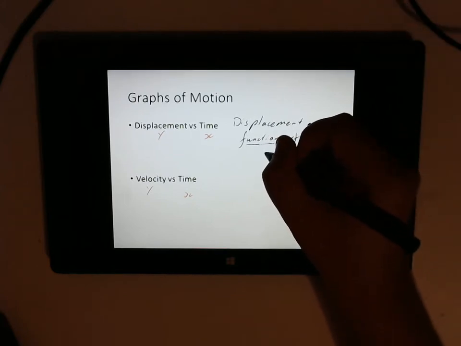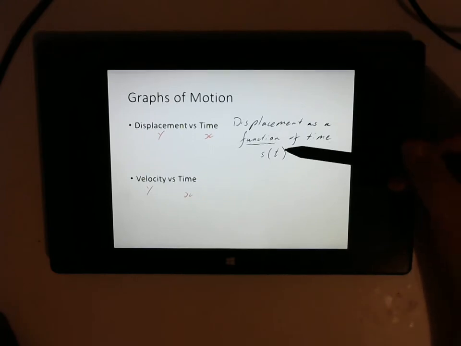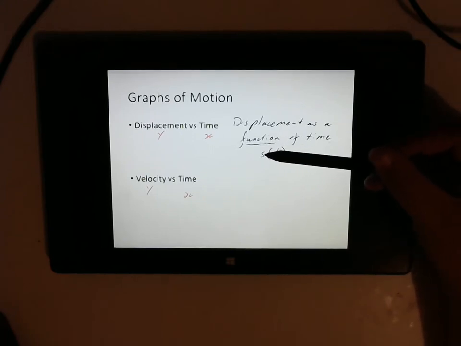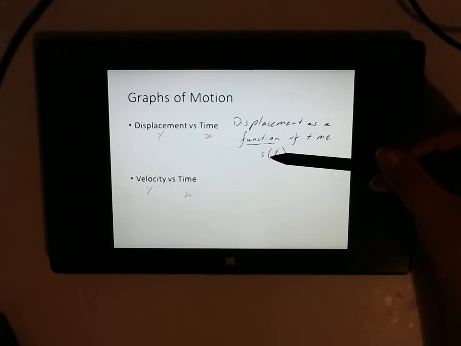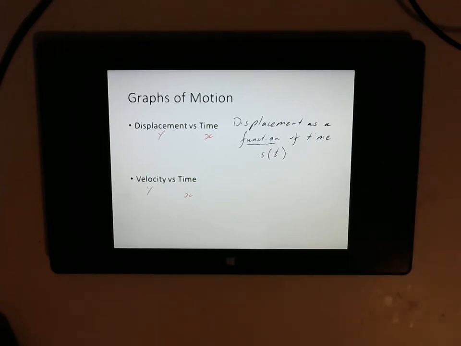And that's what this symbol S means. You'll see this sort of thing pop up a little bit in some of your specialist mathematics or your mathematical methods, where you might be talking about y as a function of x, and you'll see stuff like this. So this is why we always have displacement on the y and the time on the x when we're doing these sort of functions, because it's going to be linked to our formulas.